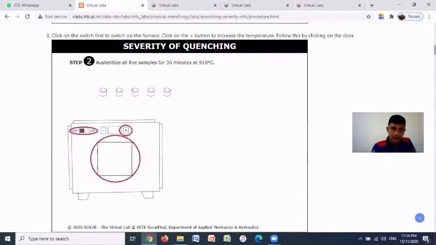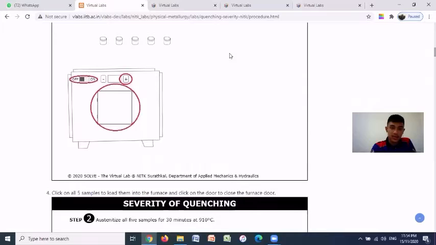Okay, and then step yang kedua, austenitize all 5 samples masa 30 minit dekat 910 darjah Celsius. Okay, kita tekan on dan naikkan suhu dia. Ini adalah kawasan untuk kita letak barang tadi.